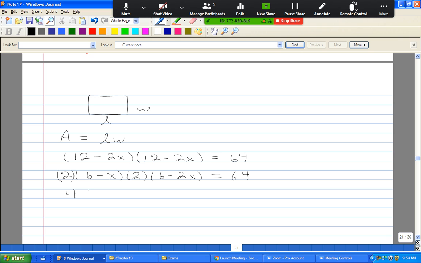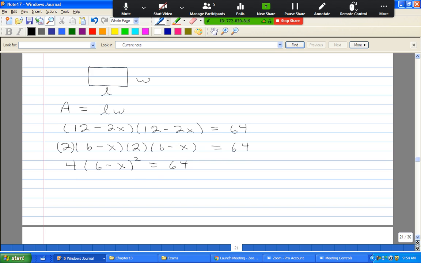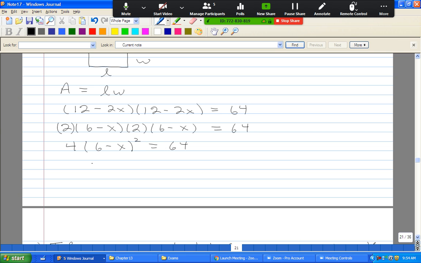Two times 2 is 4. Oops, that was a typo. And I have 6 minus x squared. Divide both sides of my equation by 4. And so I get that 6 minus x squared is 16. So 6 minus x is equal to plus or minus 4. But since you only want positive areas, I'll just pick the plus.